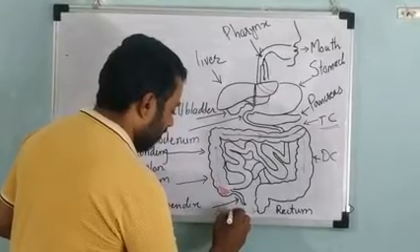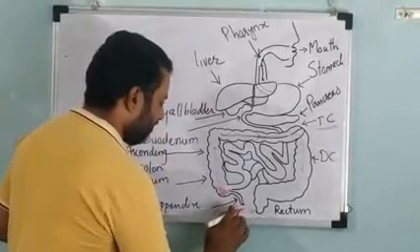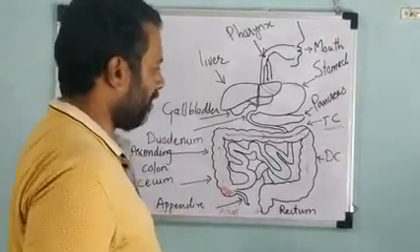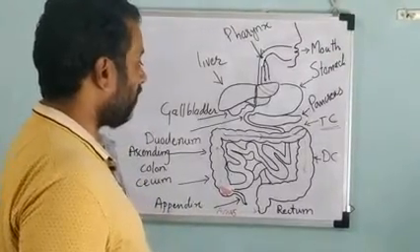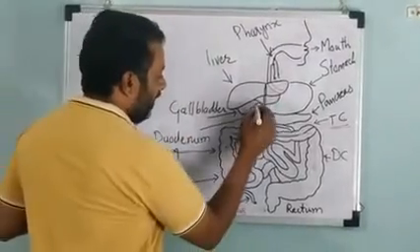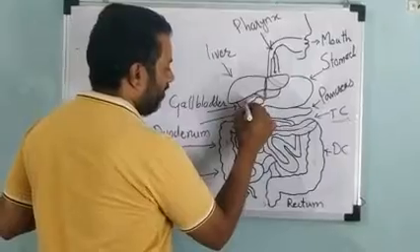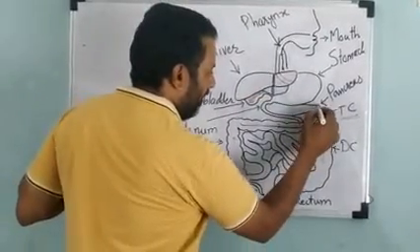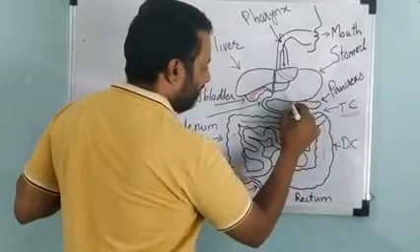Now see, while studying all these things, I did not mention some of the important parts over here. Now look at them, and also look at their position. First, this part is called the gallbladder, and this part over here is called the pancreas.